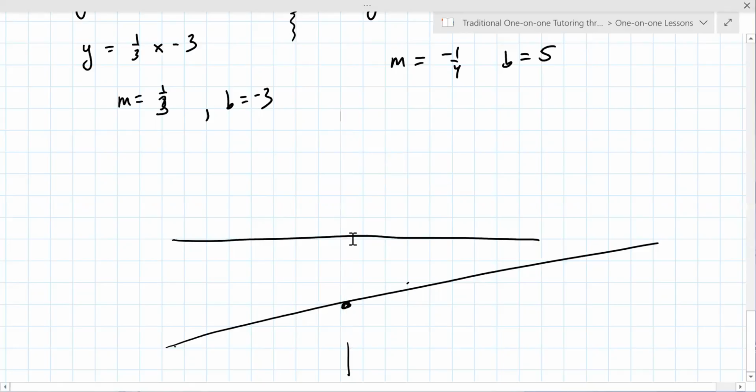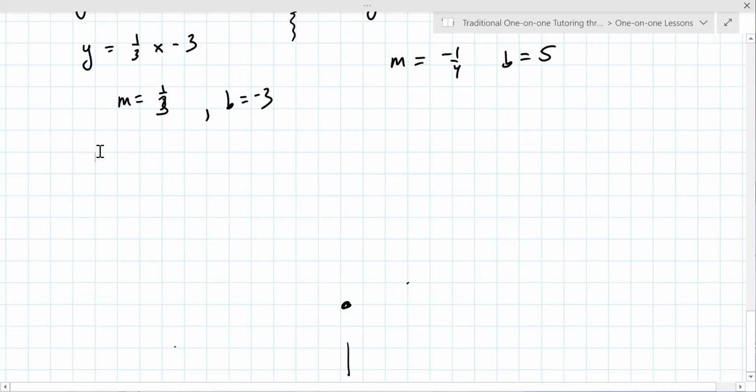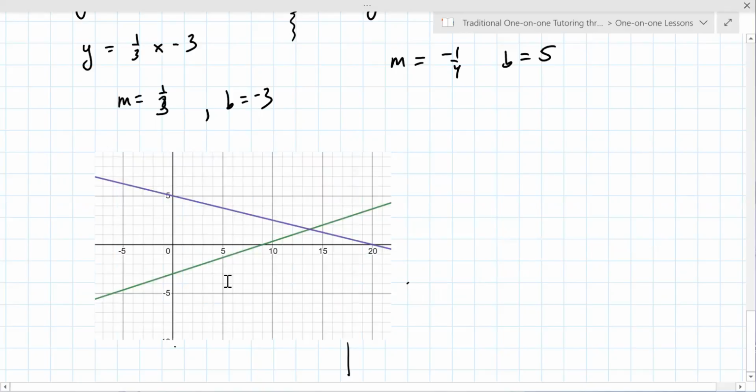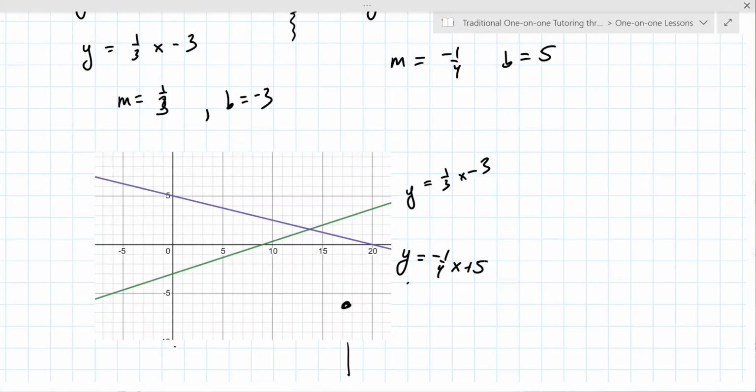So you want to sketch this graph on your paper, and then we can move on to the next problem. This is needed in that bottom box there. That's this one. This one is minus 1/4 x plus 5. All right.